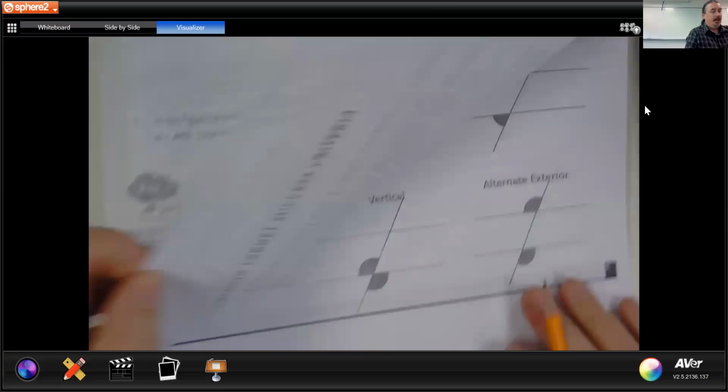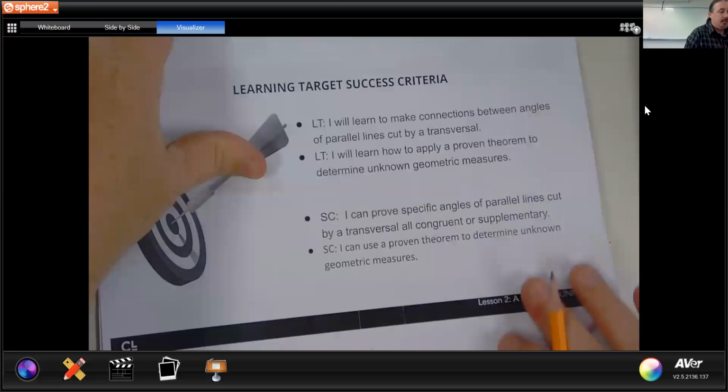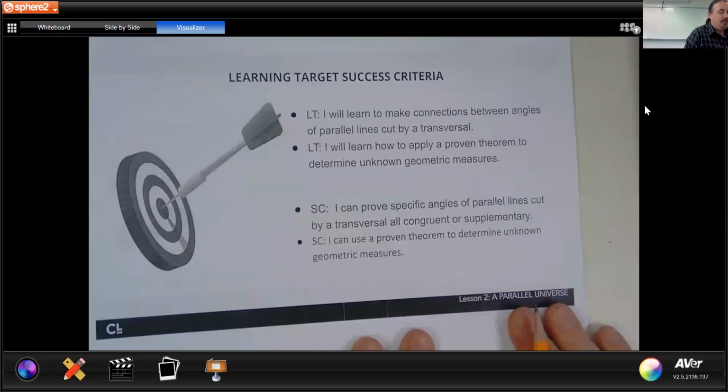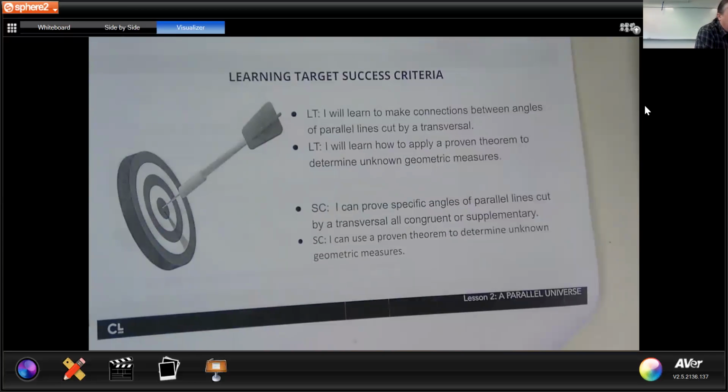Let's continue on because our learning targets, here they are. I'll give you a chance to look at it and pause the video. We're going to work with parallel lines today, and we're going to look at the unique properties of these parallel lines.